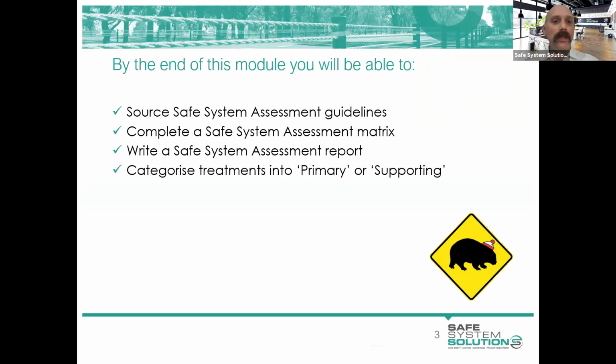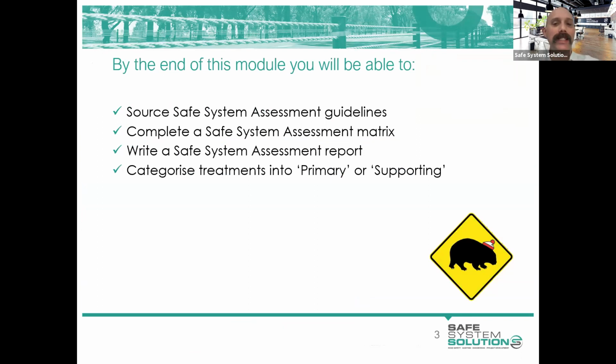So the things I want to cover and achieve today: I want to look at where you can get guidance on safe system assessments and point you at some documents, which you might already be aware of, but nonetheless I'll point those out.